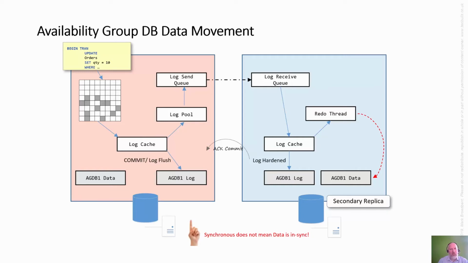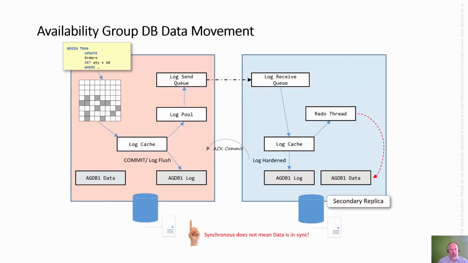In reality, whilst it's almost true, it's not quite, because the only guarantee with a synchronous secondary replica is that your transaction log will be up to date. It will have those correct records shipped.